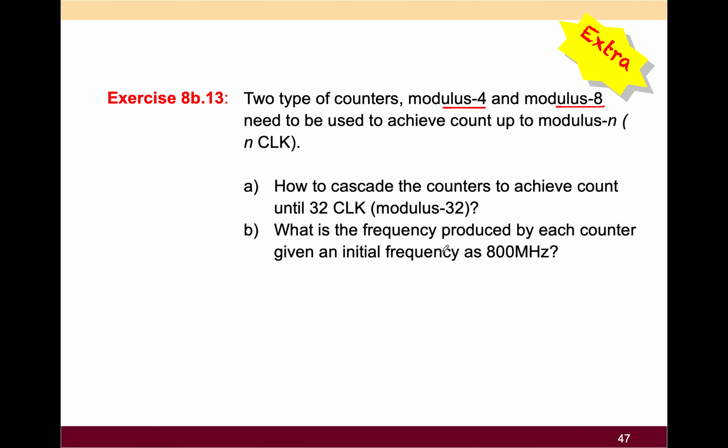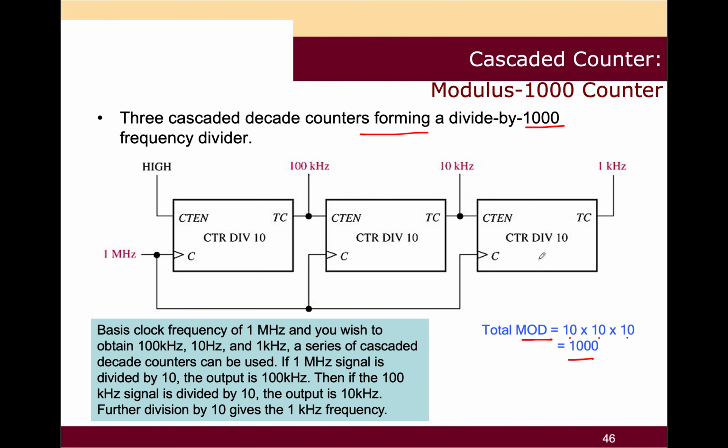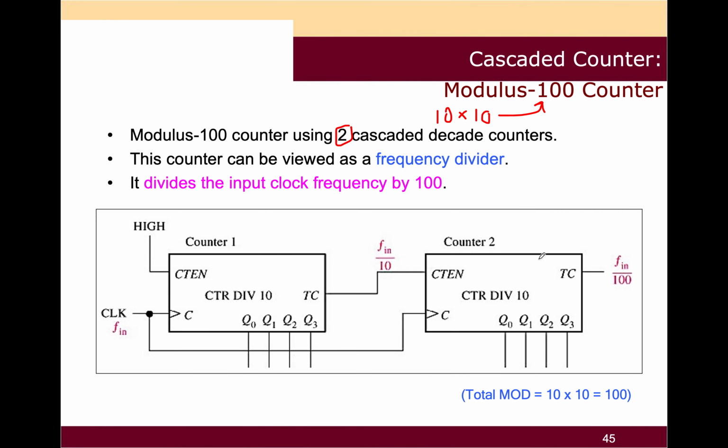So what is the frequency produced by each counter, given an initial frequency of 800 megahertz? You need to check back on the frequency. What is the equation for you to get the frequency?